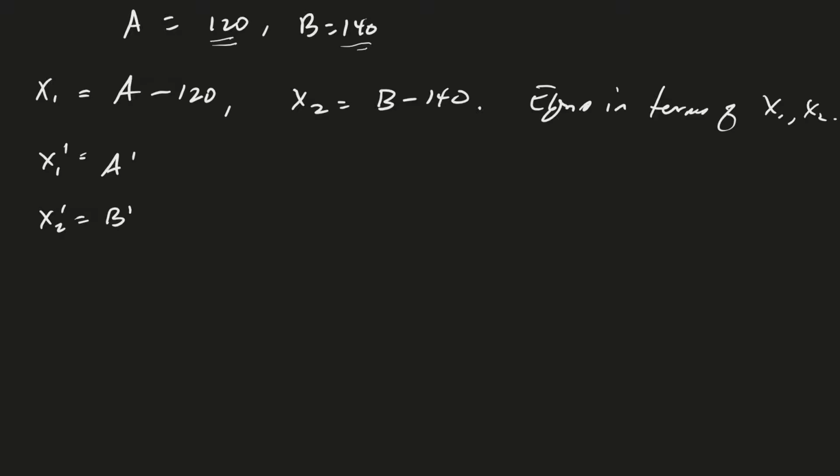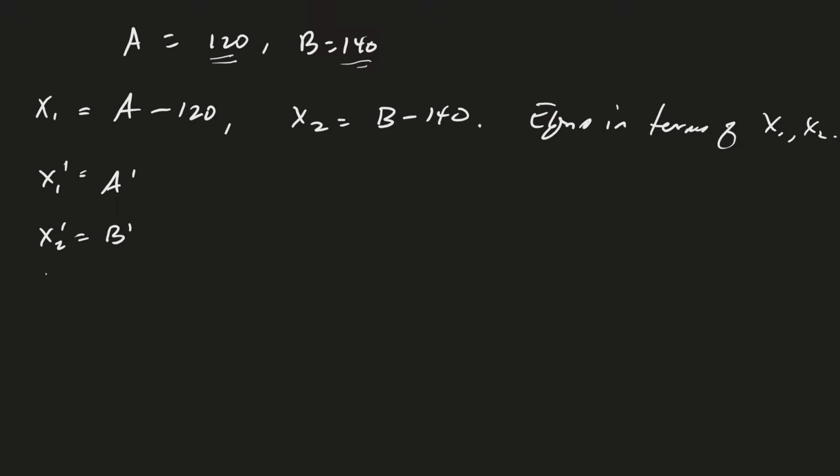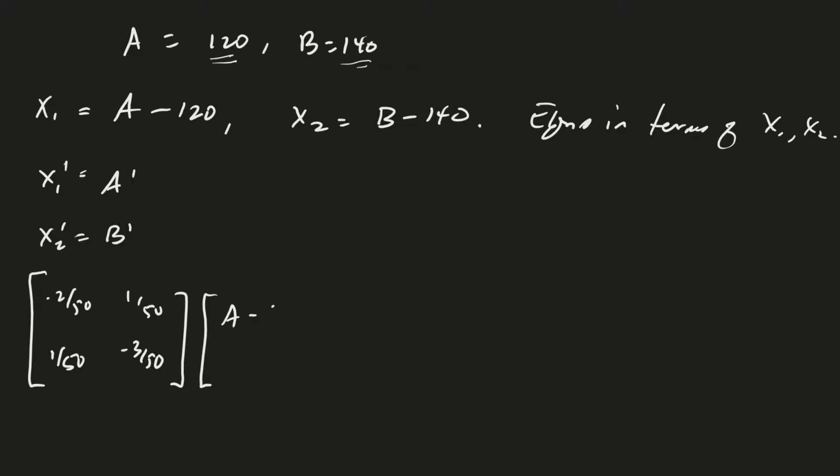Now, what happens if I take a look at the system with the matrix? Let's see, what is it? Minus 2 over 50, 1 over 50, 1 over 50, minus 3 over 50. And what happens if I just put in A minus 120 and B minus 140?